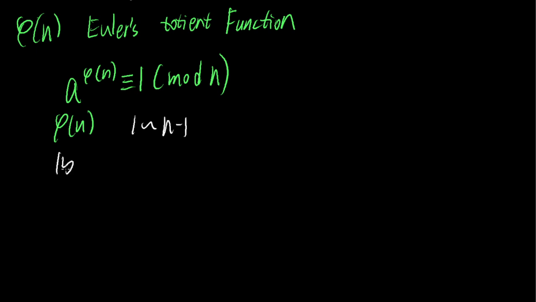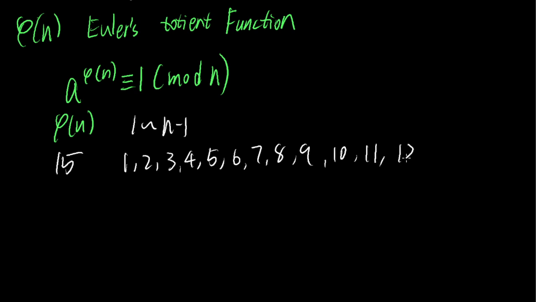For example, for 15, the numbers less than 15 are 1, 2, 3, 4, 5, 6, 7, 8, 9, 10, 11, 12, 13, 14.